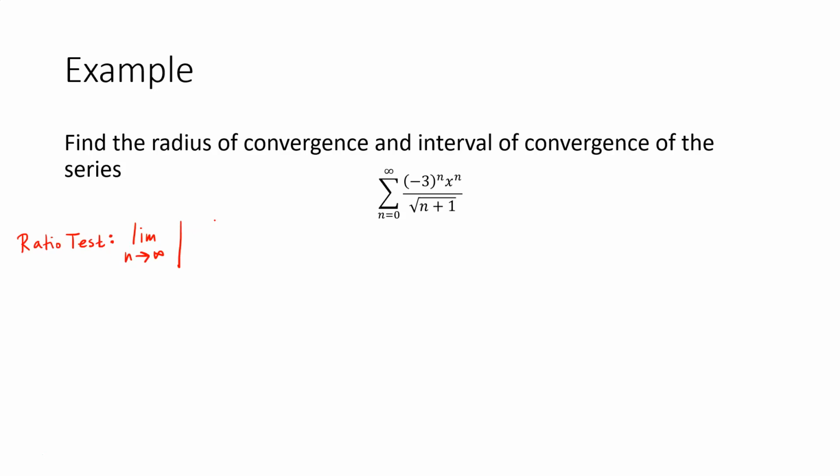Okay, so we'll start with a_(n+1) over a_n and see how that simplifies. So I'll have (-3)^(n+1) x^(n+1) over the square root of n plus 1, so that'll be n plus 2 down here, and times the reciprocal, n plus 1 over (-3)^n x^n.